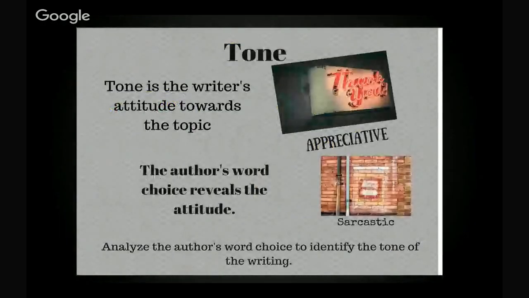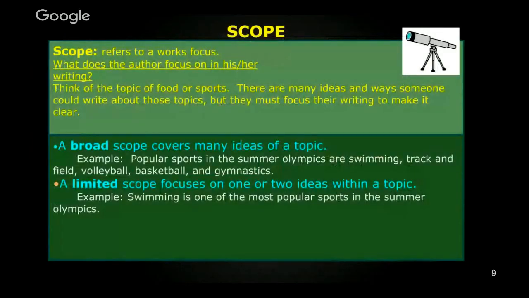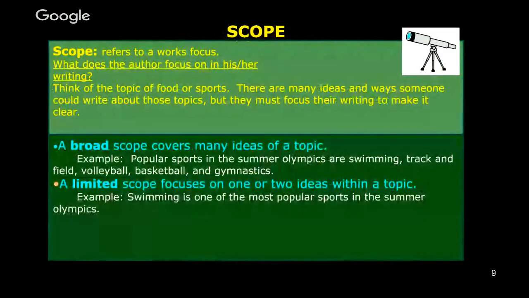We're going to move next to one of the terms that was on your vocabulary list that you've had before. It's not new. You learned it last year if you were here. And that is scope. Scope refers to the work's focus. A broad scope covers many ideas, and a narrow scope covers just a limited or a narrow idea.